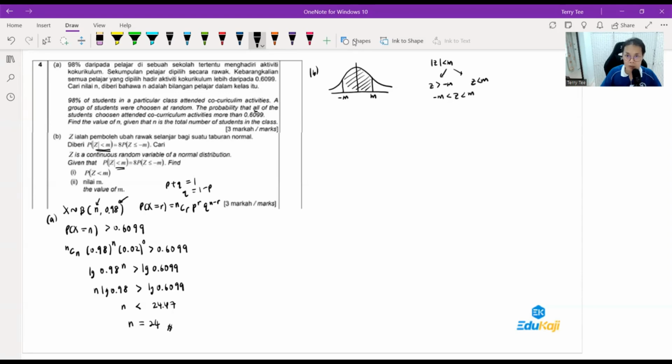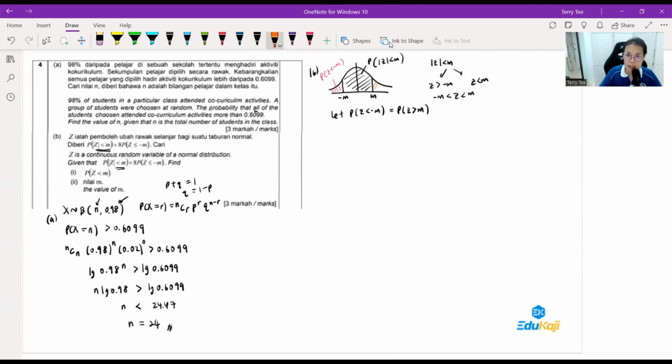And this is 8 times of this part, the probability of Z less than negative M. The black part is the probability of modulus of Z between negative M and M. This one, P of Z less than negative M, is the same as P of Z more than positive M because we can reflect it over.